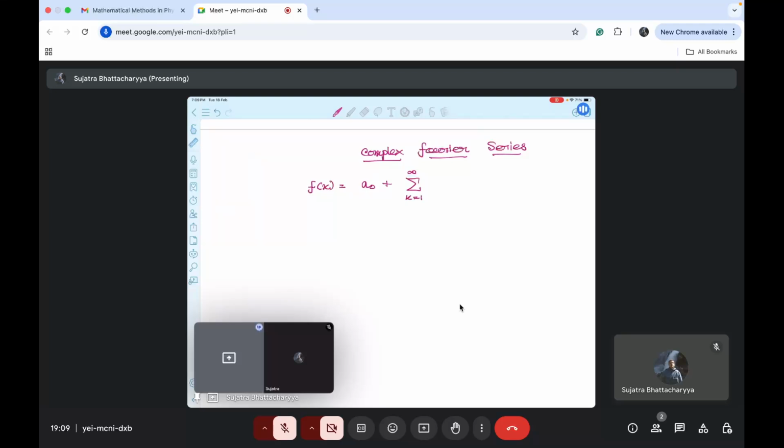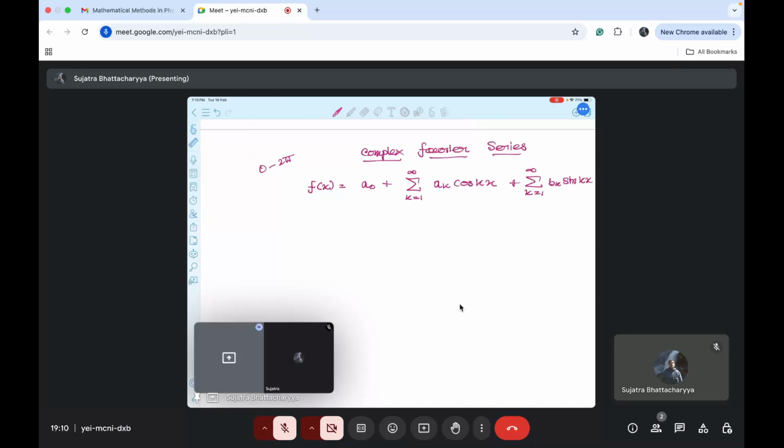Right, so this is what it is. Next is ak cos kx plus summation k is equal to 1 to infinity bk sin kx. So we are again writing in terms of 0 to 2 pi.